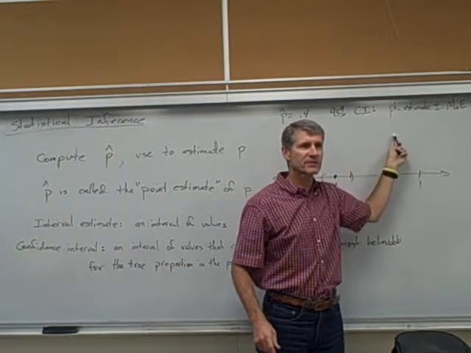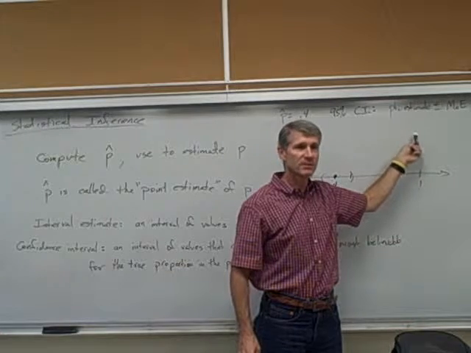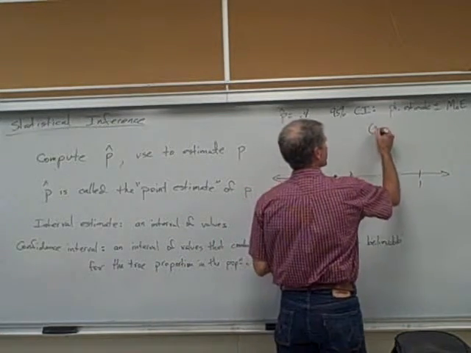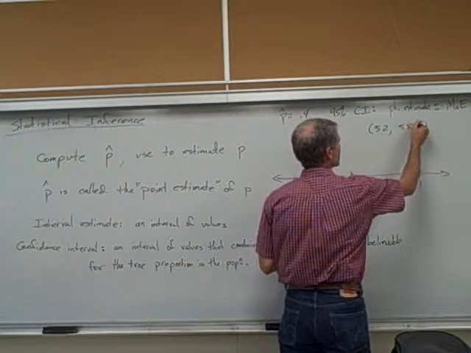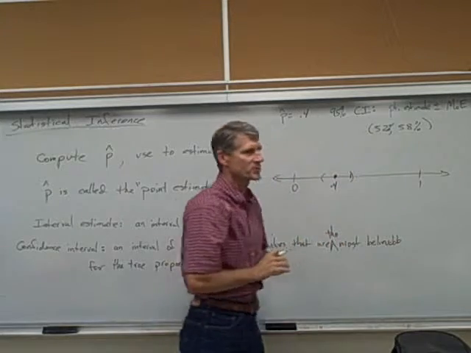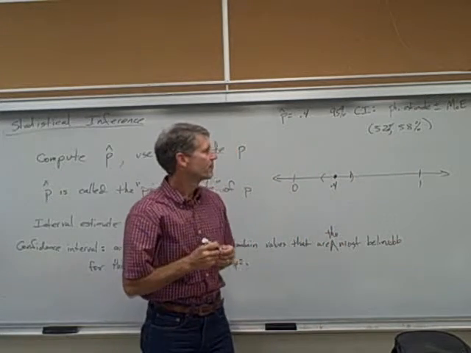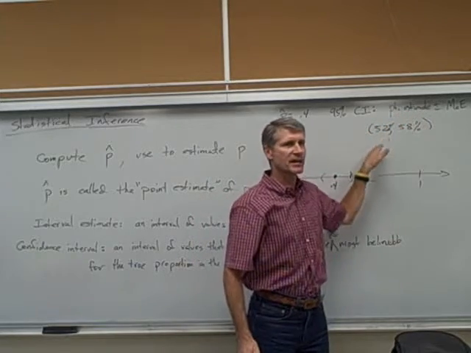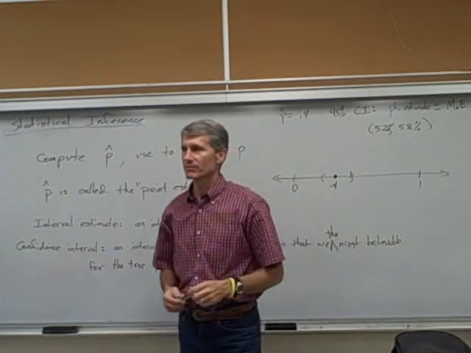So 55 minus 3 is 52 up to 58. So the confidence interval would be 52 to 58%. Now, confidence intervals can be written as proportions or percents or whatever. So you just take your point estimate, add and subtract the margin of error, and you get a confidence interval.